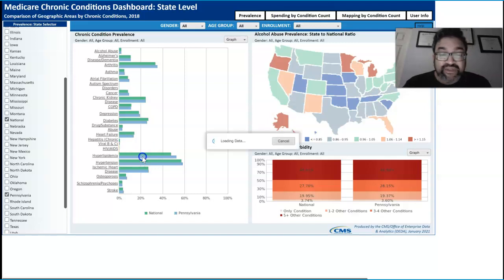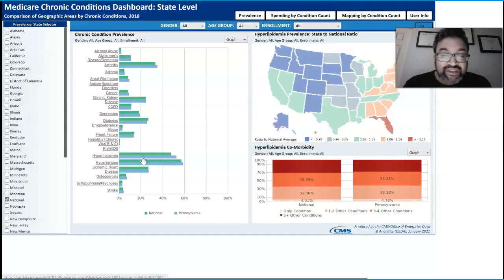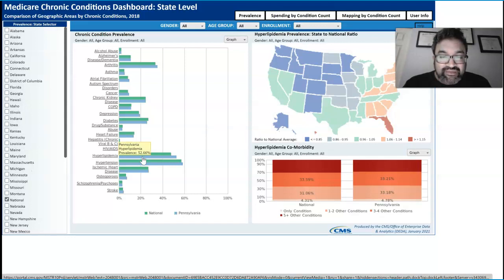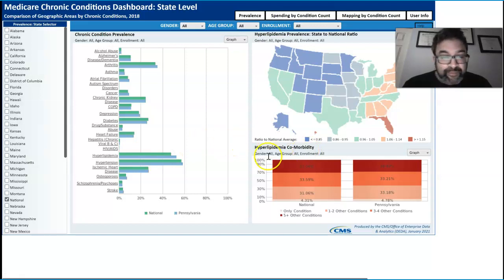It's kind of interesting because I have hyperlipidemia as well. The hyperlipidemia comorbidities are actually, interestingly, not as high for 5 plus other conditions.